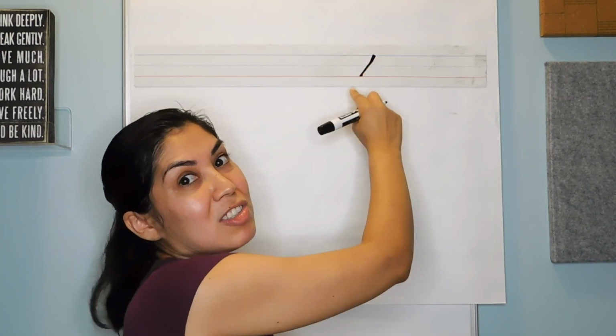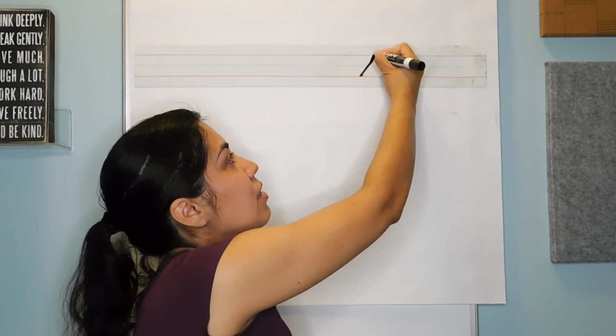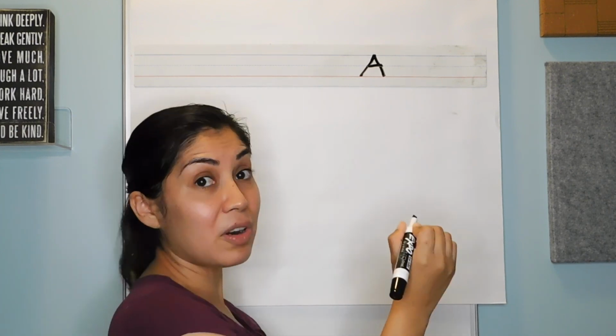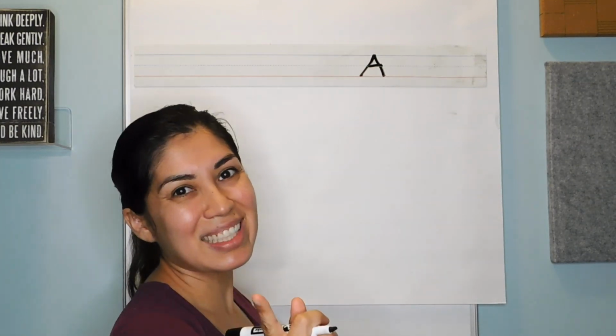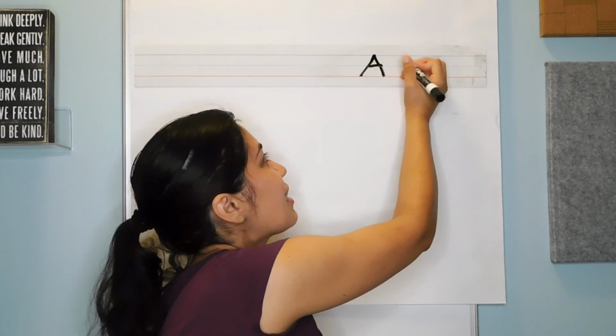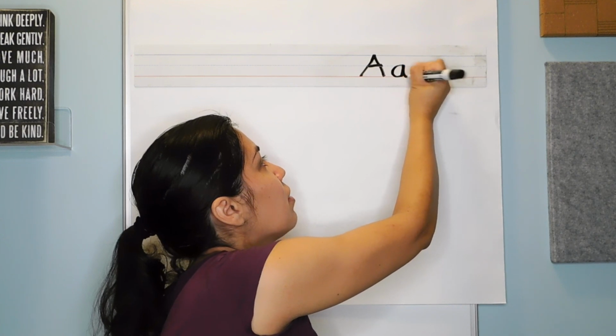Make sure you touch those lines, the top and the bottom. Another slanted line with a line across the middle. And then the lowercase a, the ones that we usually use at school, not the fancy A's, it's a magic C, fly up like a helicopter, and then come down.